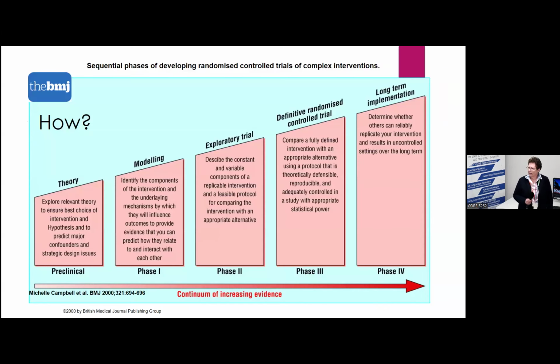This is from the BMJ article on complex interventions. There's a literature on it. Look it up. They have two articles, an earlier one and then a later one. They talk about the sequential phases for developing a trial of a complex intervention. It starts with the preclinical phase, which essentially starts with theory.